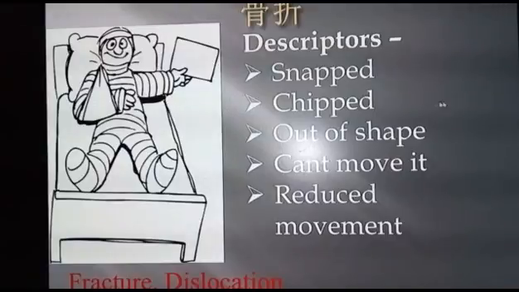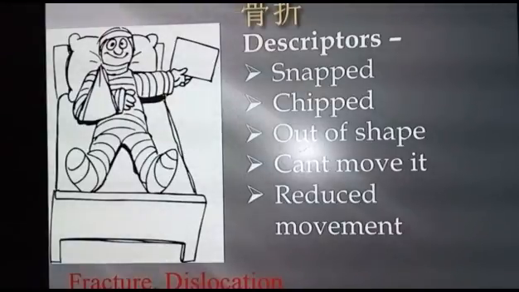Broken bones. And as you can see, this guy's broken a lot of bones, right? Now in medical English, broken bones and bone-related injuries, or the most common major bone-related injuries, are called fractures.